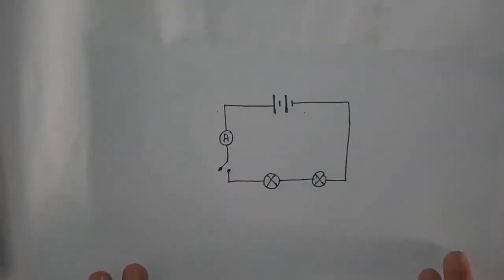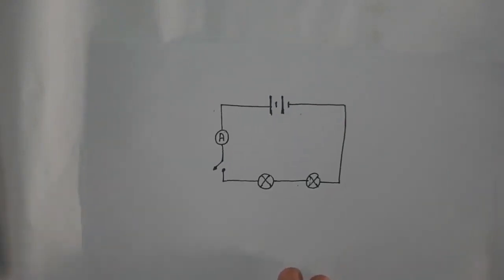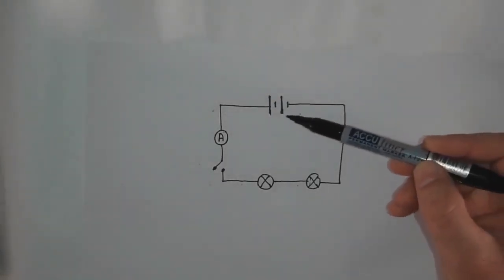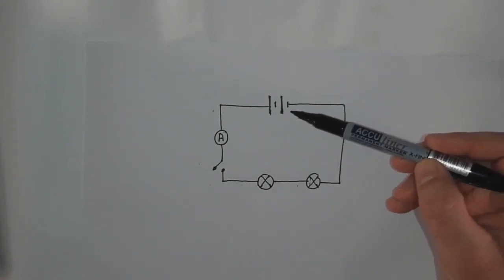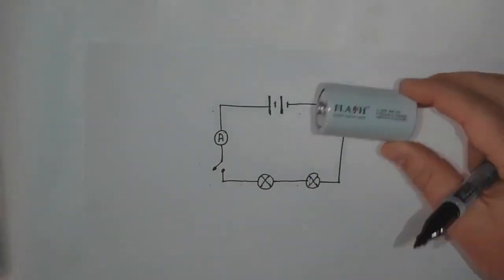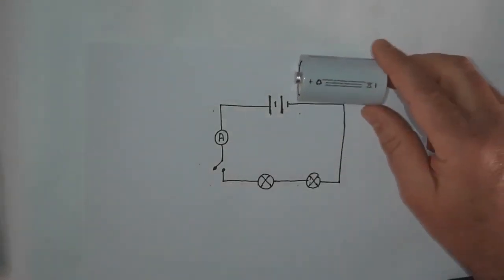Let us look at a very simple electrical circuit diagram and all the different symbols that are used. When we look at these symbols, we can see there's two cells represented here, and a cell, when you purchase a battery cell, it looks like this. It's got indication of polarity.